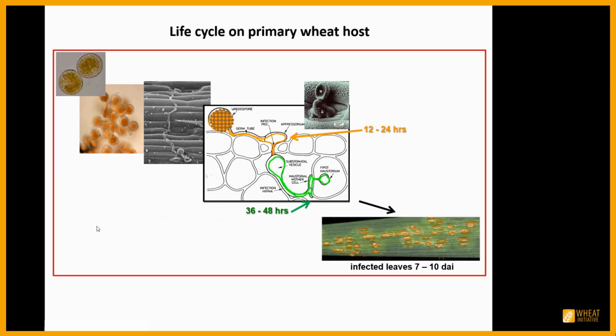So the life cycle on the primary host is relatively short for leaf rust. Within 7 days, you can often start seeing pustule development. We have extensive transcriptomes of these stages on 3 different interactions, but I'm not really going to talk about that today.